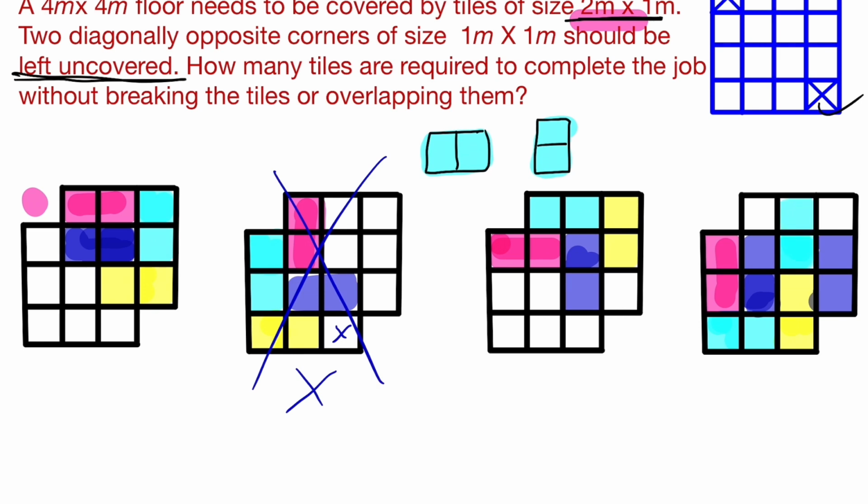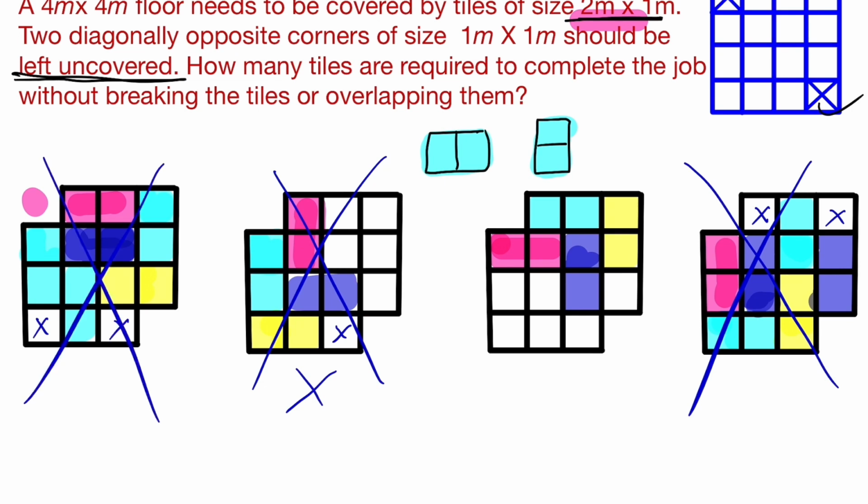Now here this block and this block are uncovered, so discard this. Now in the previous cases here we have this 1 by 1 uncovered block, so put this tile vertical. This is done. Again here we have the same case. This is uncovered, so put it vertical. But now these two blocks are uncovered, so discard this.